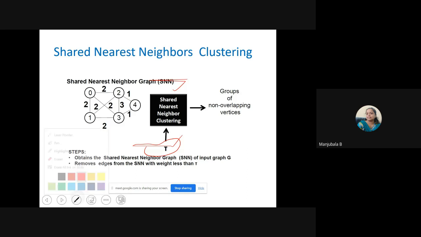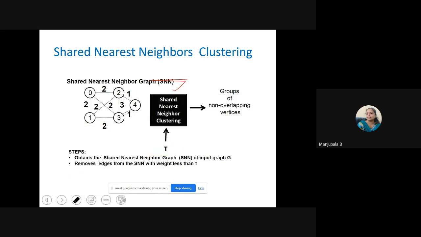If this t value is known, this clustering will divide the data into t number of clusters. This is also a very simple set of steps. For a given graph, assume you have represented your data points through a graph, having the weights or the costs associated with each edge.